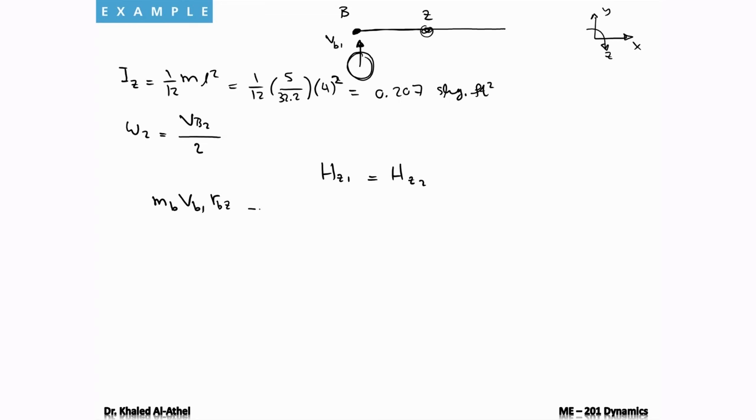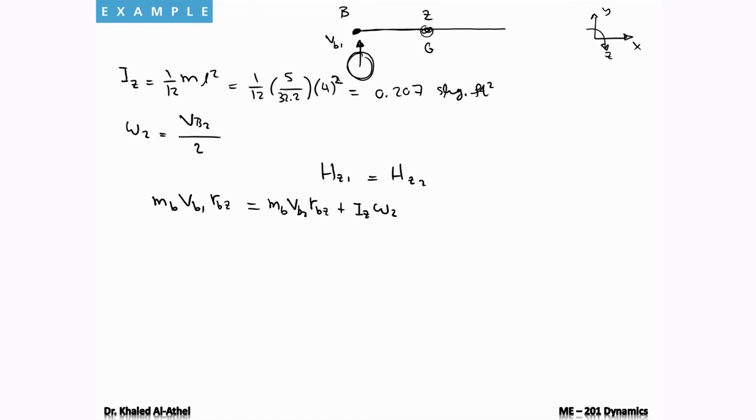Everything else is at rest, so I have nothing. This should equal m for the ball, v ball 2, r from ball to z. That's it for the ball. So this is the first part. Plus, now the center of mass G coincides with the point z, the center of rotation. Therefore, I have no velocity of center of mass. The only thing I have is I around z times omega 2.